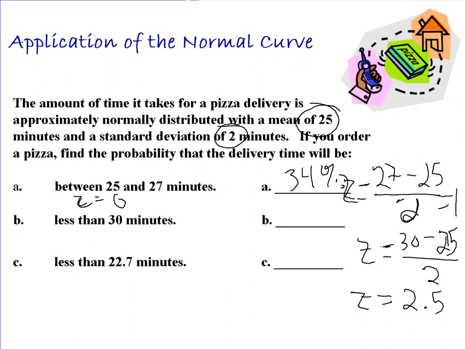Less than 22.7, so again, you're going to have to find a z-score. You'll go 22.7 minus 25 over your 2, and I can calculate the z-score for you here. So 22.7 minus 25 divided by 2, negative 1.15.